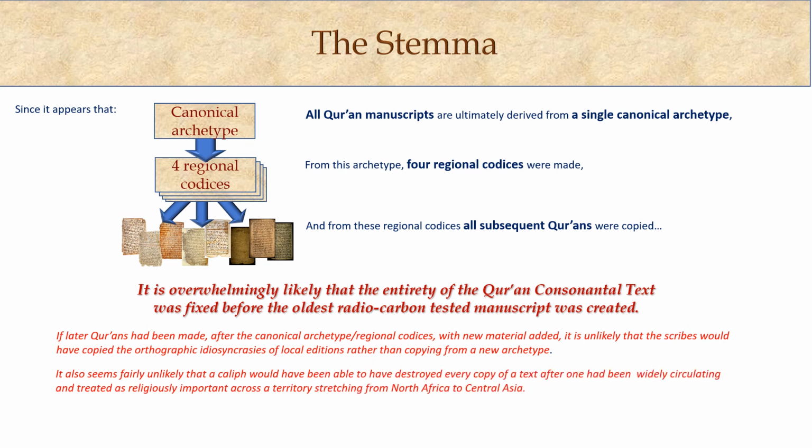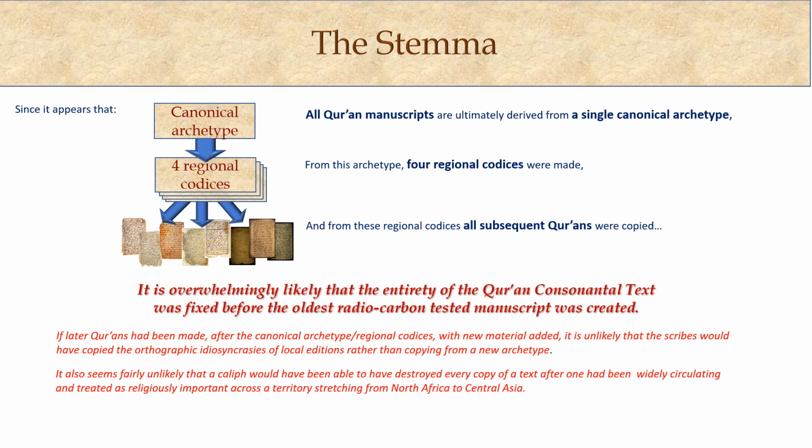It also seems fairly unlikely to me that a caliph would have been able to destroy every copy of a text once it had become widely circulating and treated as religiously important across a large territory, in this case stretching from North Africa to Central Asia. There is absolutely no doubt that early Qur'ans were destroyed and that only one was allowed to survive.